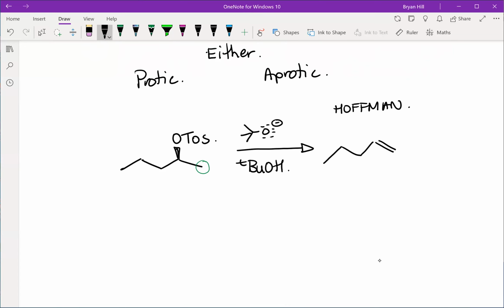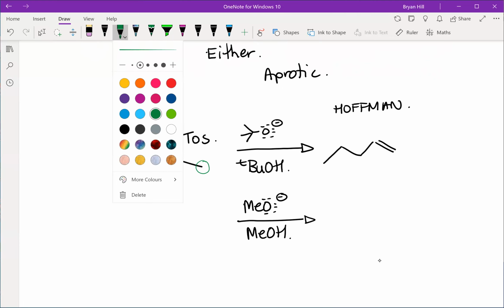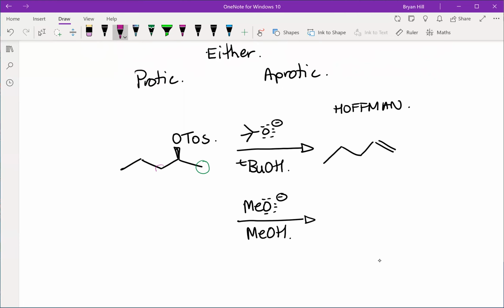If we wanted to do the same reaction and make the other alkene, we would use a smaller base like methoxide in methanol, and this would allow us to remove a proton on the interior carbon. And so our major product would be this, and this would be the Zaitsev product.